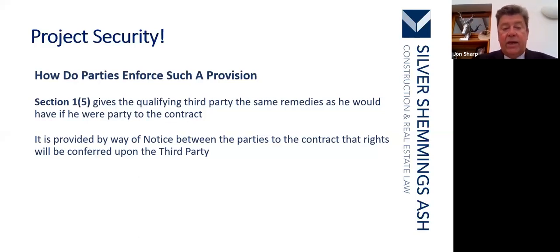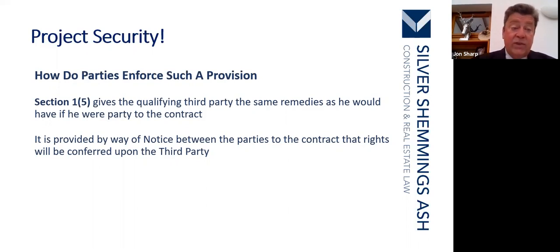In terms of how he goes about it, well, he does it by way of notice between the parties to the contract that rights will be conferred upon the third party. Again, if you are going to give a third party rights under the contract, I would very strongly suggest that you limit that third party's rights so that it does not have all of the potential remedies under the contract.